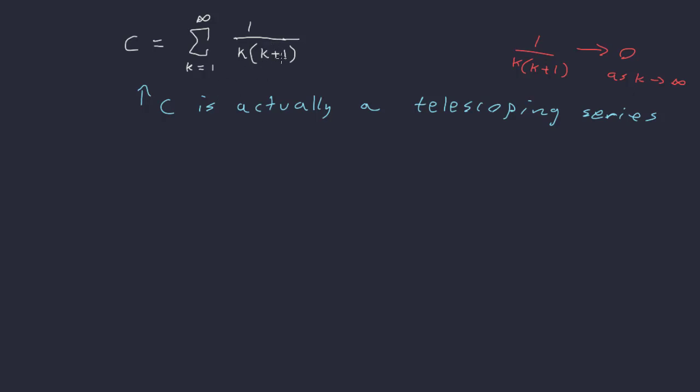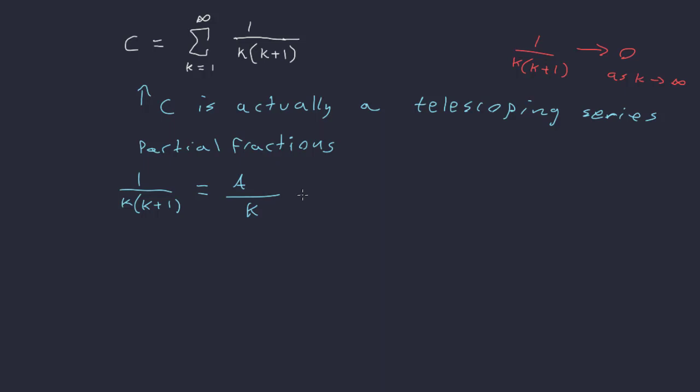What we're going to do is use our good friend partial fractions, because if we do partial fractions, we'll find that when we set this up, it should simplify out to be a telescoping series.